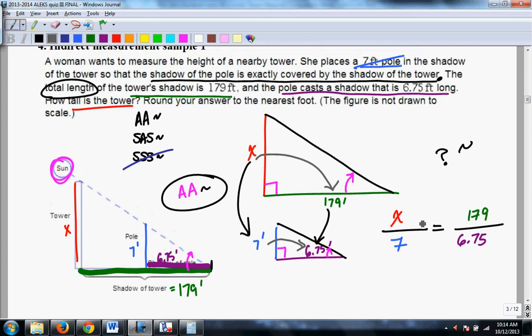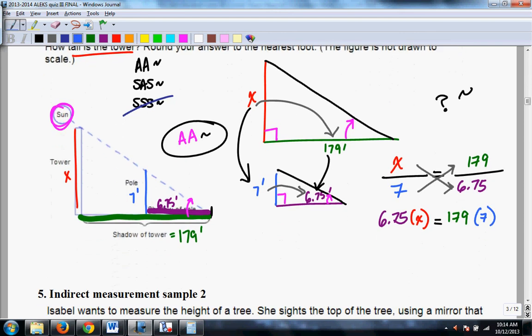And we cross multiply. So I end up with 6.75 times x equals 179 times 7. We don't get our calculators out till x is by itself, so I divide both sides by 6.75.